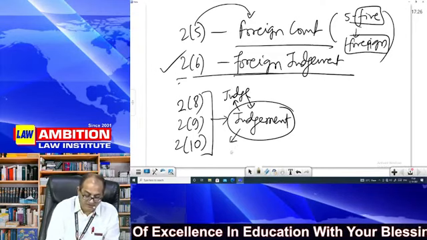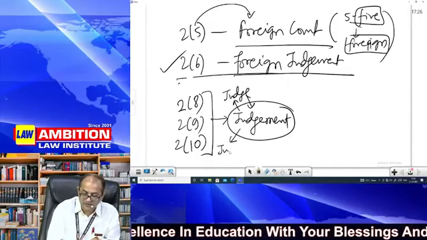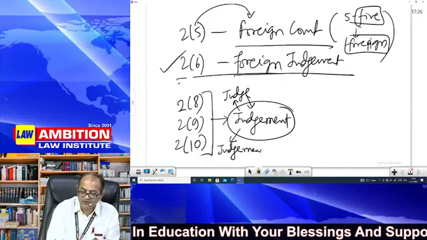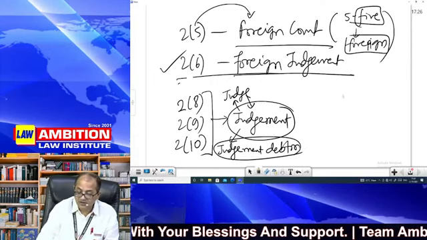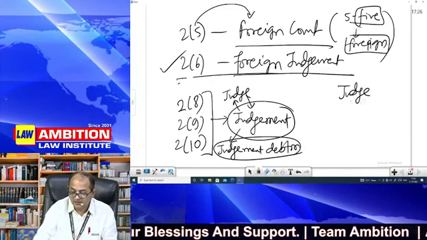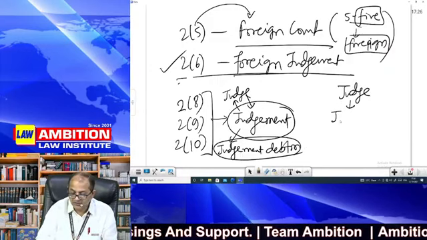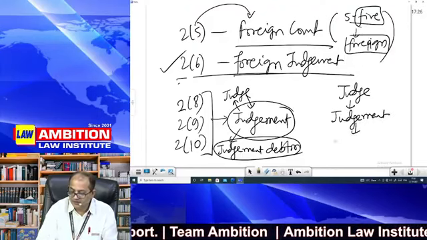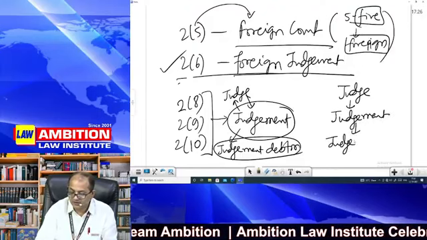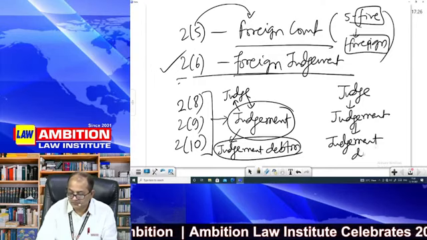And when judgment is given, then only you can talk of judgment debtor. When there will be judgment, then only judgment debtor will be there. So this is what we are required to inculcate. If you want to memorize things better, just innovate these methods. Judge will give judgment. And when there will be judgment, then there will be question of judgment debtor. So nobody can doubt this.